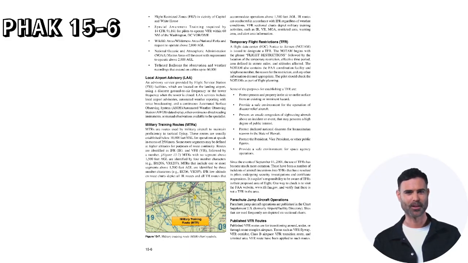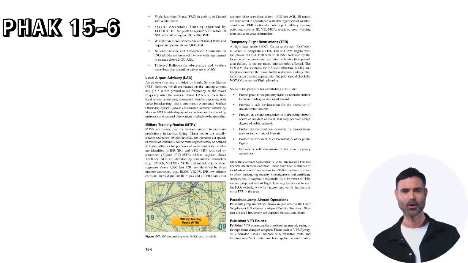MTRs with no segment above 1,500 feet AGL are identified by 4 number characters, e.g., IR1206, VR1207. MTRs that include 1 or more segments above 1,500 feet AGL are identified by 3 number characters, e.g., IR206, VR207.